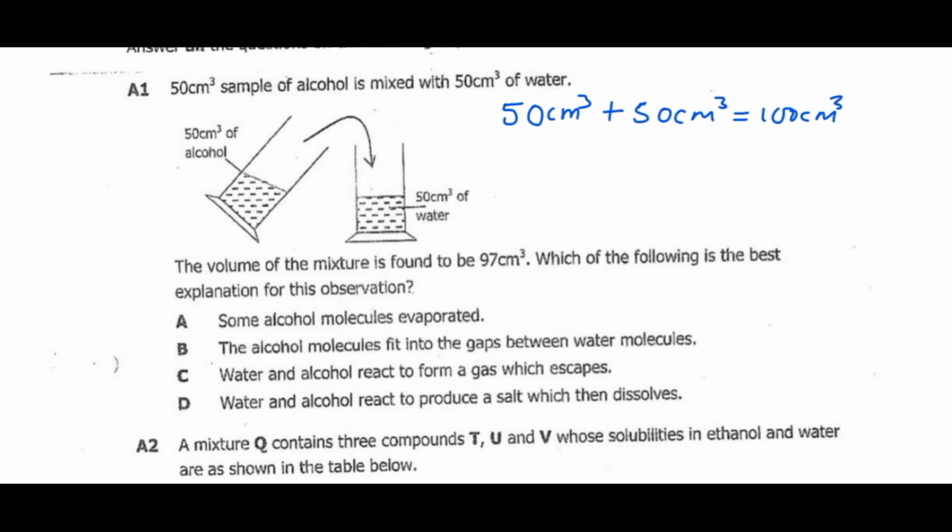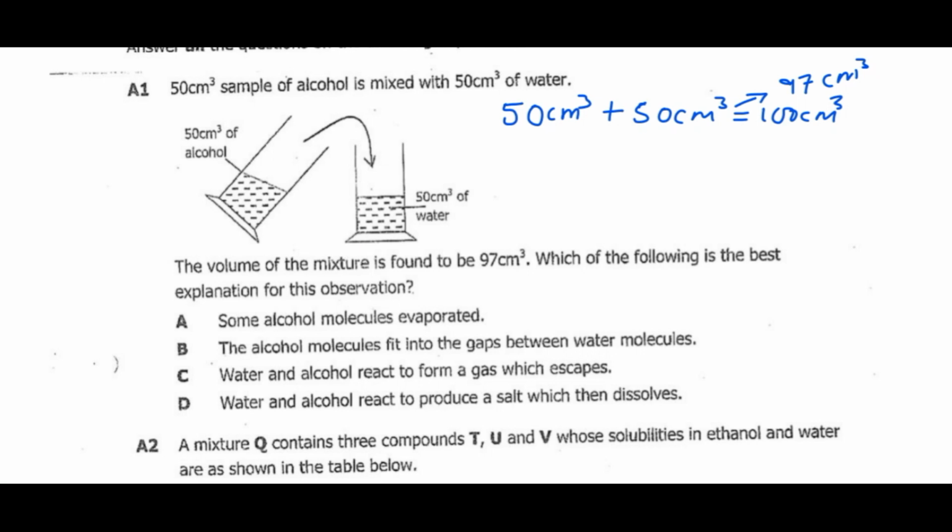But after they added these two liquids, the volume gave 97 cubic centimeters. So the question is, where is the remainder of 3 cubic centimeters? What explanation can we give to account for the reduction in volume?